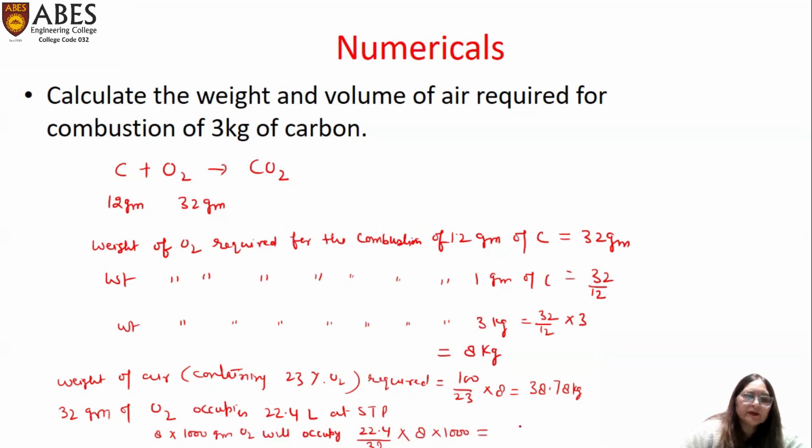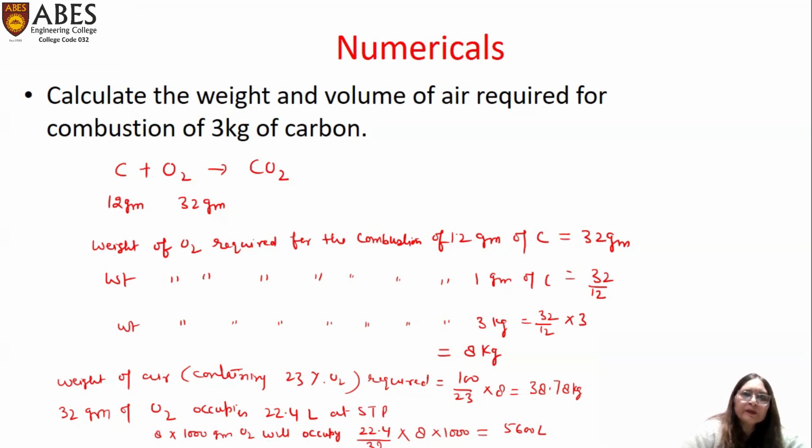Now we get the value 5600 liter. That is, the 32 gram of oxygen occupy 22.4 liter at STP.